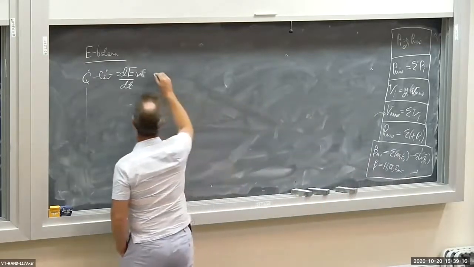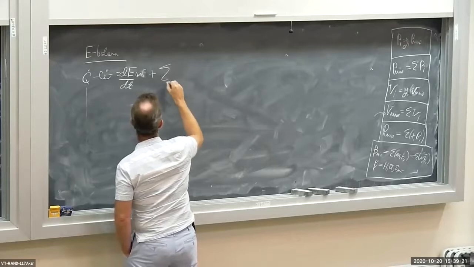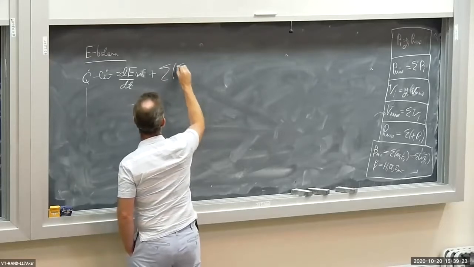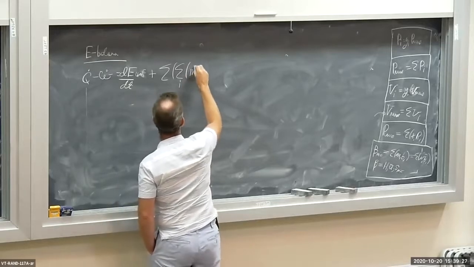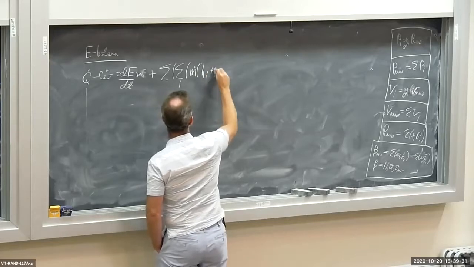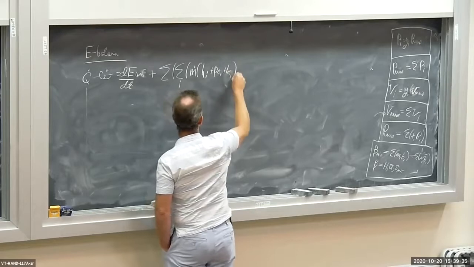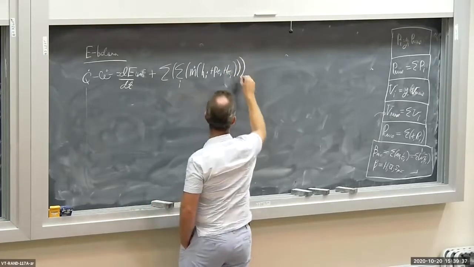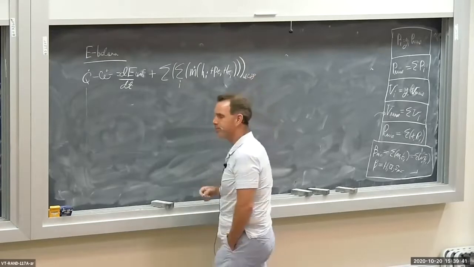And then I have a double sum, summed over all outlets, summed over all species i, of m dot i times (h_i plus PE_i plus KE_i), summed over all species, summed over all outlets.